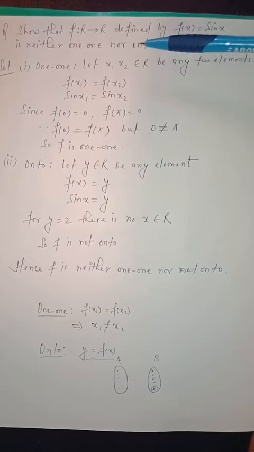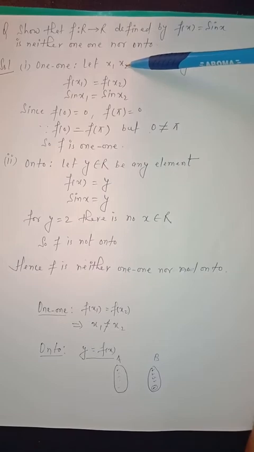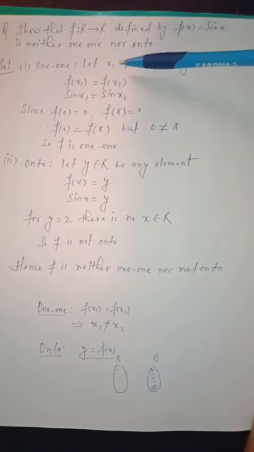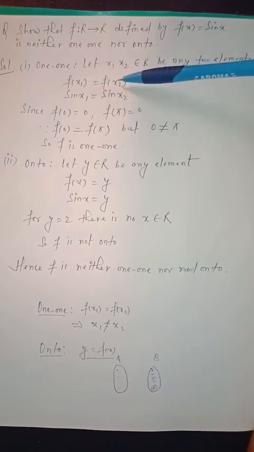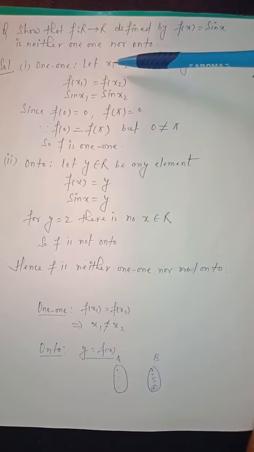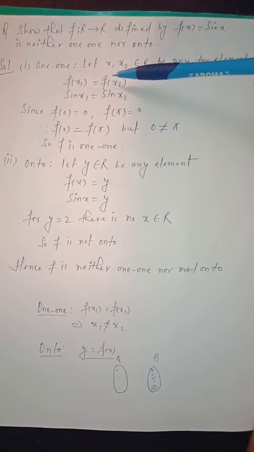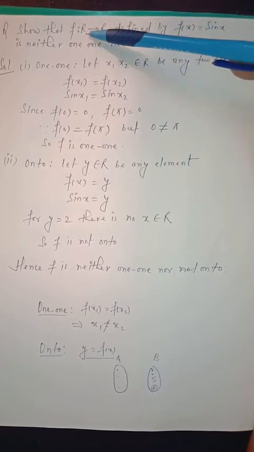So for the 1-1 function, let x1 and x2 belong to R. Remember, these x1 and x2 are two different elements, and these elements always belong to set A. Here set A is R, and these x1, x2 are such that f of x1 and f of x2 are equal. This is a rule. Always we will assume that f of x1 and f of x2 are equal, whereas x1 and x2 are two different elements in set A.